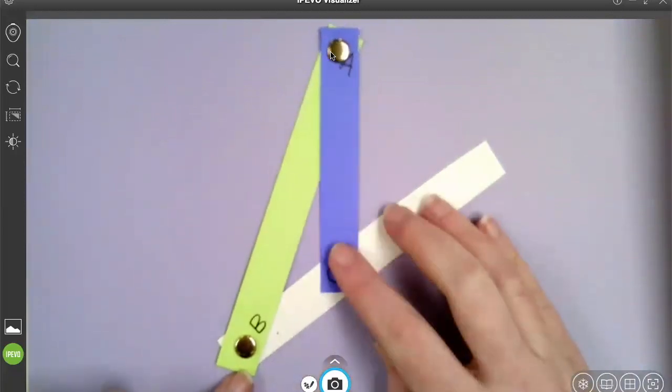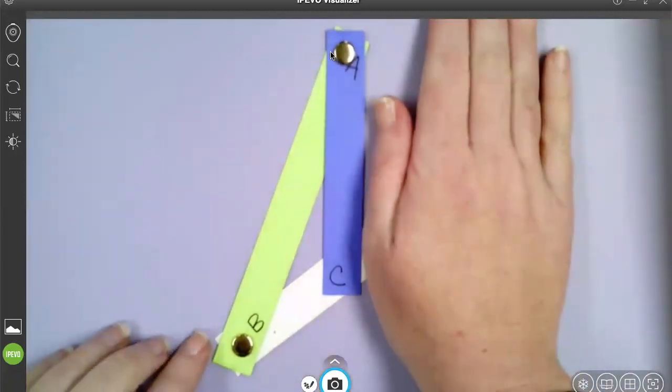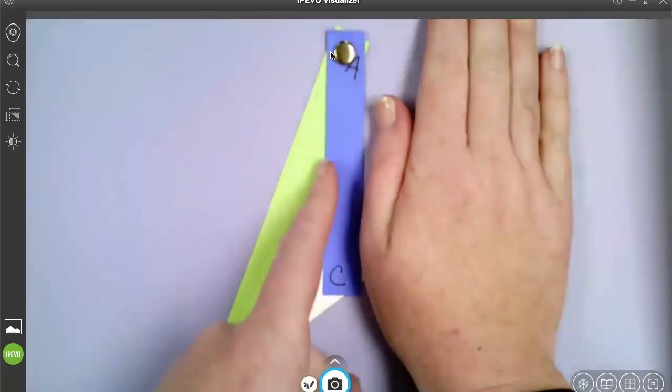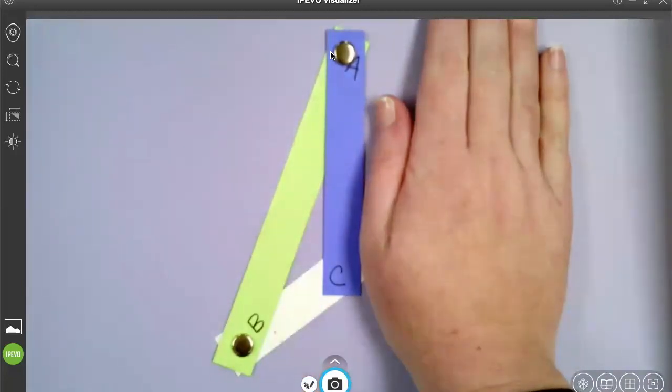This would be a really, really short side if this angle is really small.